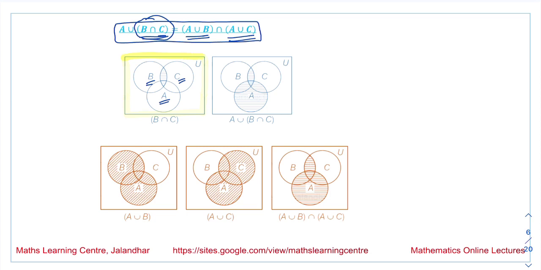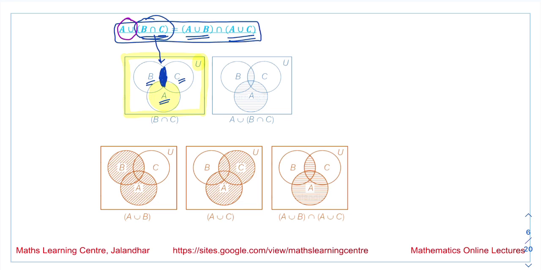This rectangle is showing the universal set U. When we are talking about these three sets, this region over here is representing the region B intersection C. Now when we take its union with A, we have this region plus this portion.